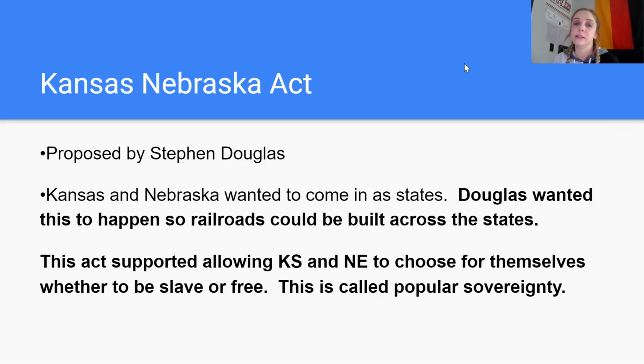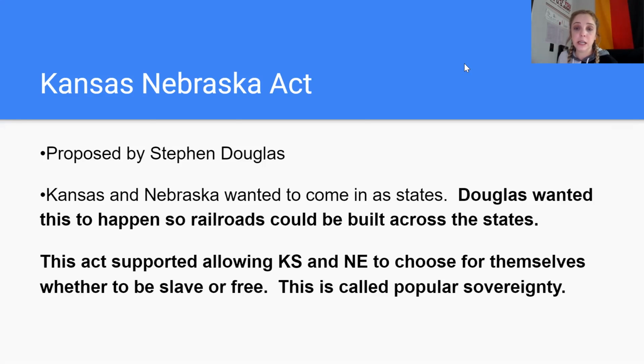But Kansas and Nebraska wanted to be admitted as states to the United States, and Douglas proposed that this should be able to happen because these states could be created, and then the Transcontinental Railroad could continue on through these states. This act supported allowing Kansas and Nebraska to choose for themselves whether or not they wanted to be slave or free.